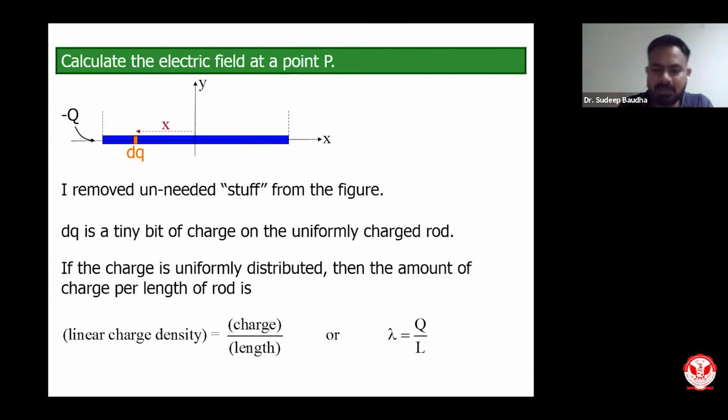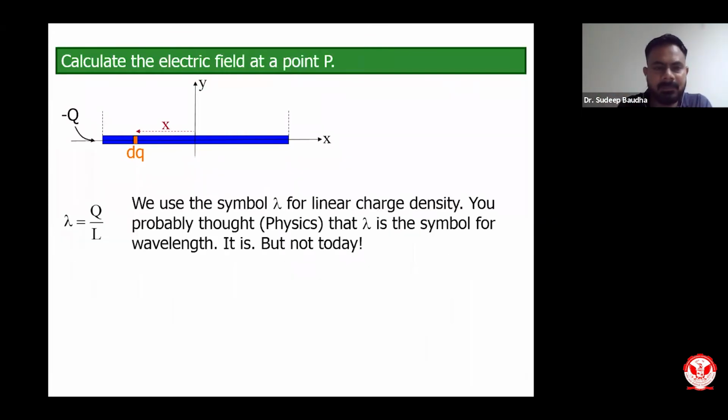So let us introduce this concept. Lambda is equivalent to Q upon L: Q is charge, L is the length of the rod, lambda is charge density. Please remember the symbol we are using here is lambda, which is mostly used in physics for finding the wavelength of a wave propagating in a direction, or the wavelength of any given frequency.